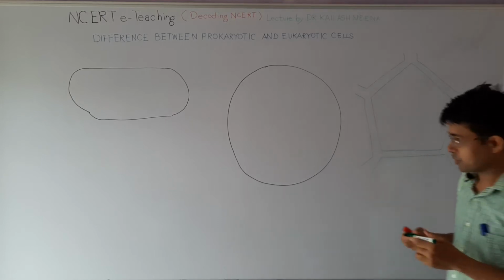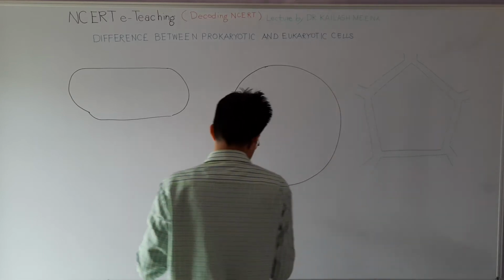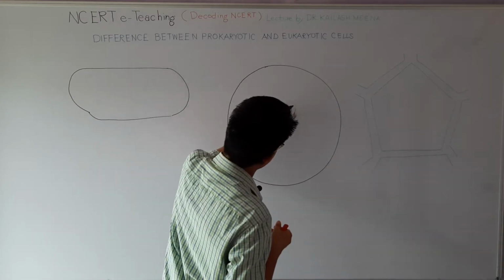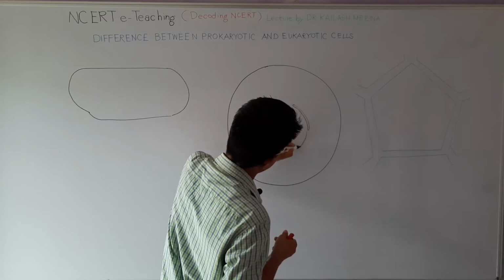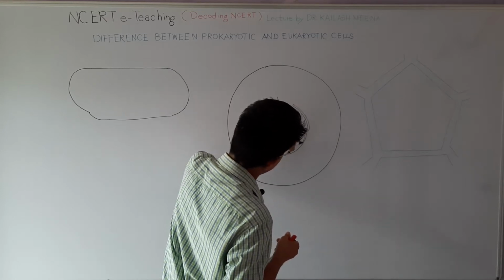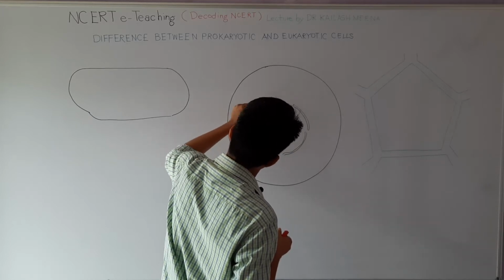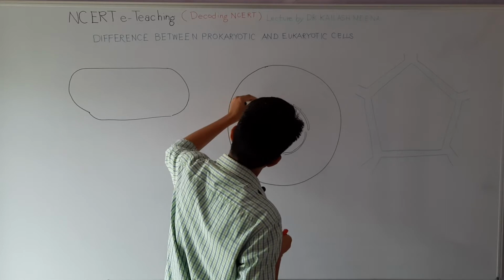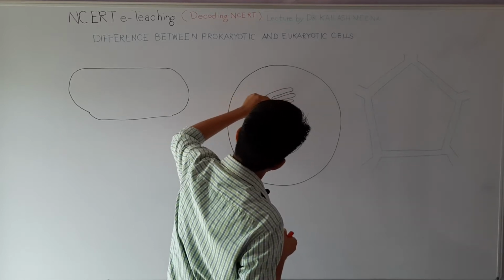So in a eukaryotic cell we have a membrane enclosed nucleus.